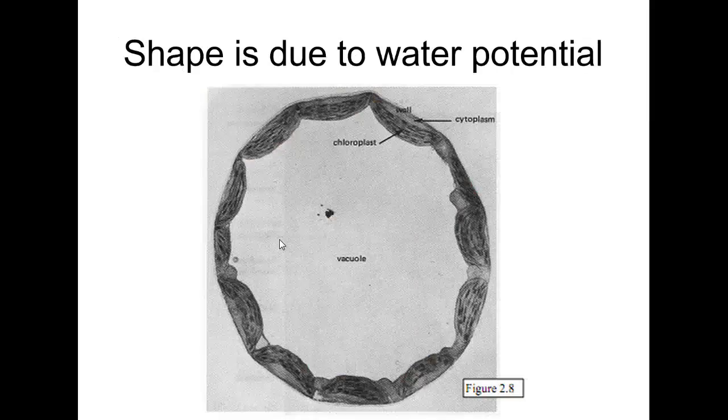Now, the shape of the cell, and you've heard this time and time again. At any given time, if the plant has water, water is going into the plant, it's moving up the plant. If it's during the day, there's a lot of transpiration, and in every single cell, water is being continuously pumped in.